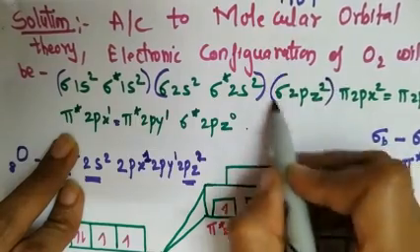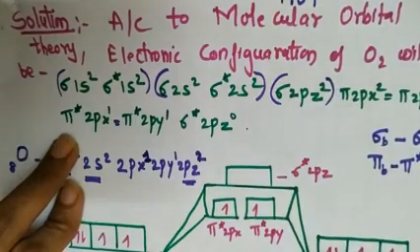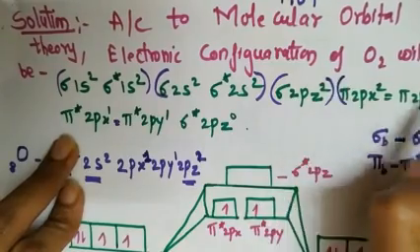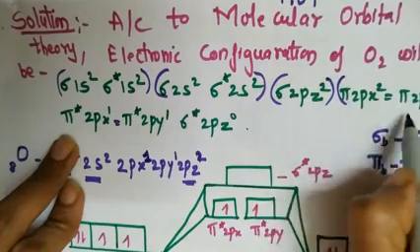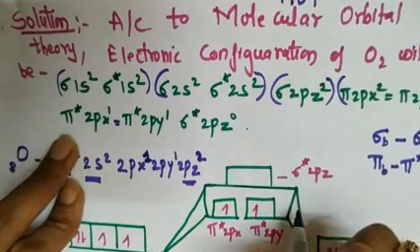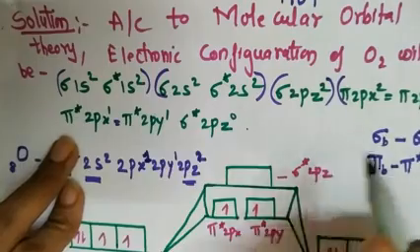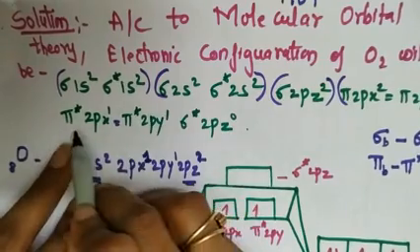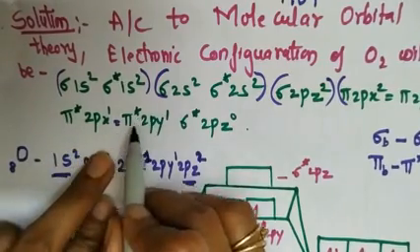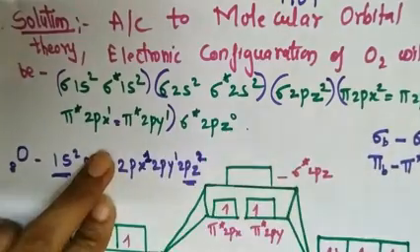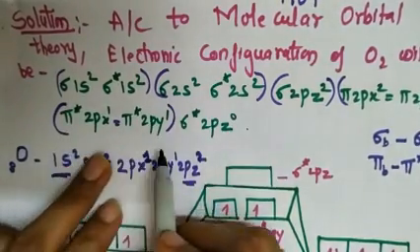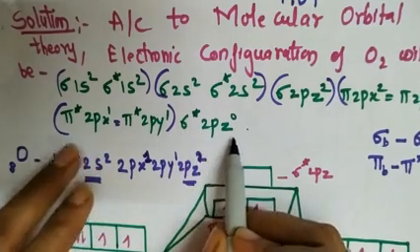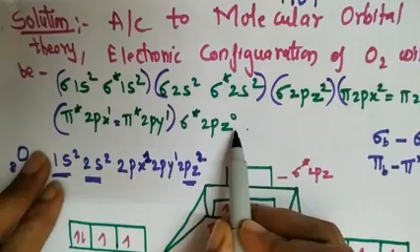I will put a bracket here: sigma 2pz2 and pi 2px2 equal to pi 2py2, because both the pi subshells have the same energy, so the equal sign is there. Now again pi star 2px1, meaning antibonding, equal to pi star 2py1. Then the antibonding sigma star 2pz, which is empty, so 0.